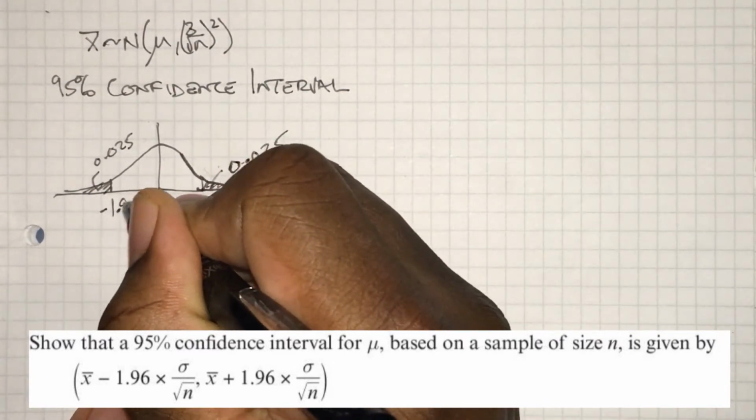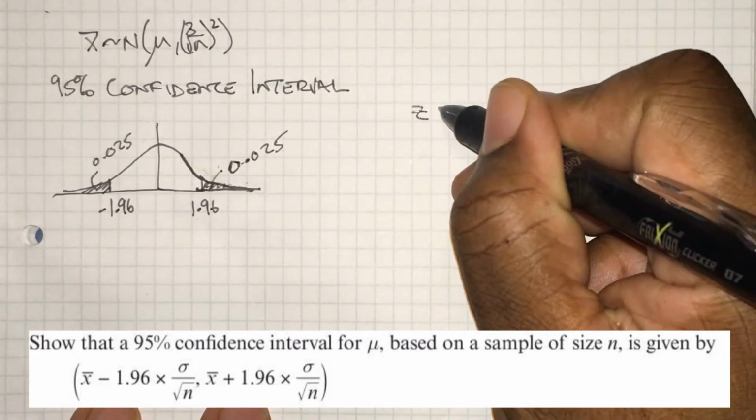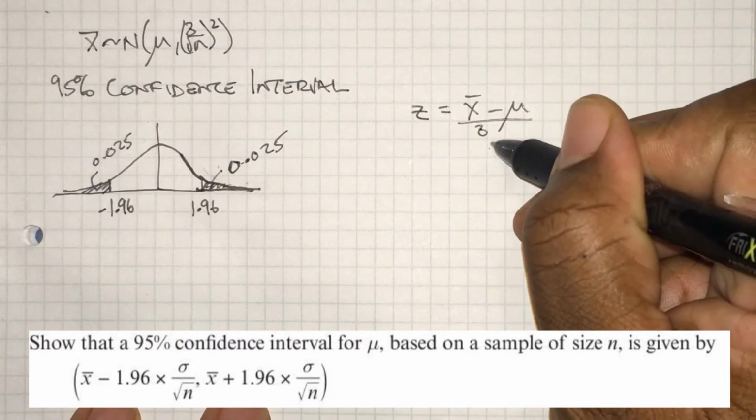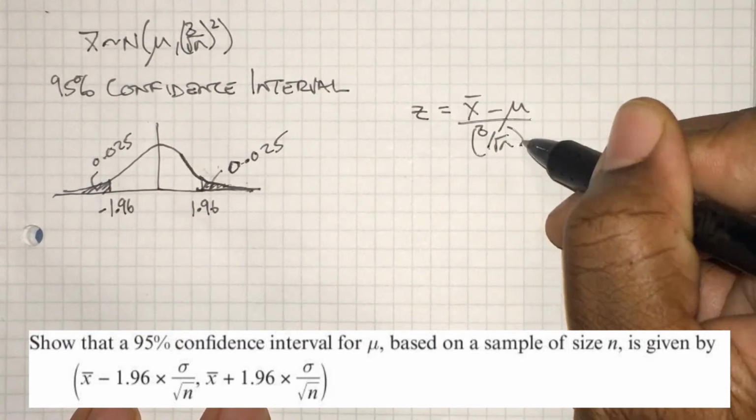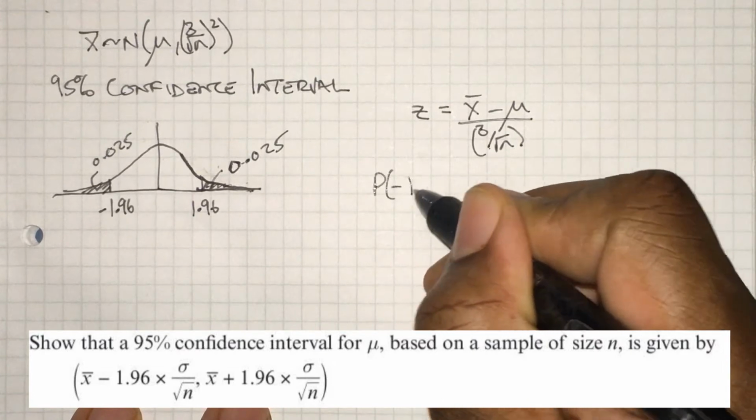On the calculators or in the formula book or from memory, we know that that z-score is 1.96 and negative 1.96. Our standardization formula, since we're thinking of the sampling distribution of the mean, has a denominator of sigma over root n. So let's just bear that in mind.